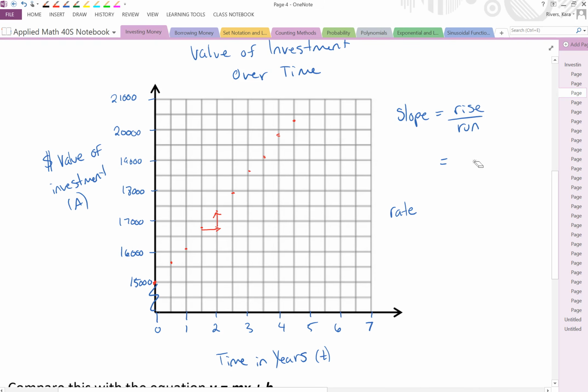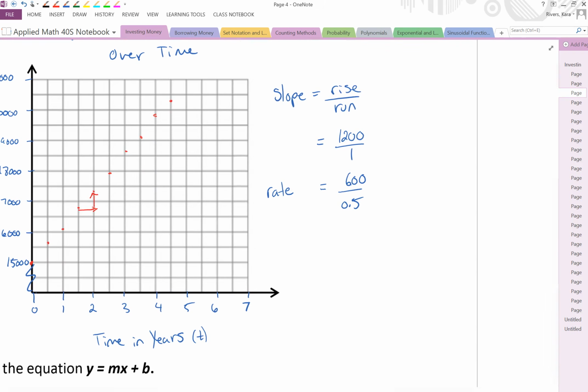If we were going to do it per year, it would be $1,200 per 1 year, which is $600 for every half year. And if you wanted to do that using the slope formula that tells us that it's y2 minus y1 over x2 minus x1, you could take any value, any point along your graph, and solve for that, and you would get the 1200 over 1.